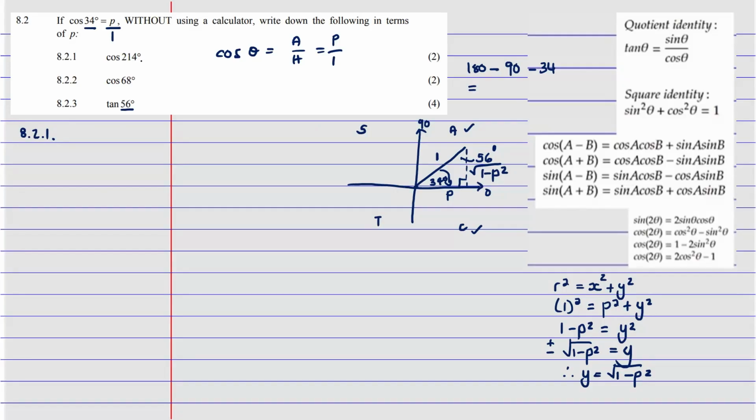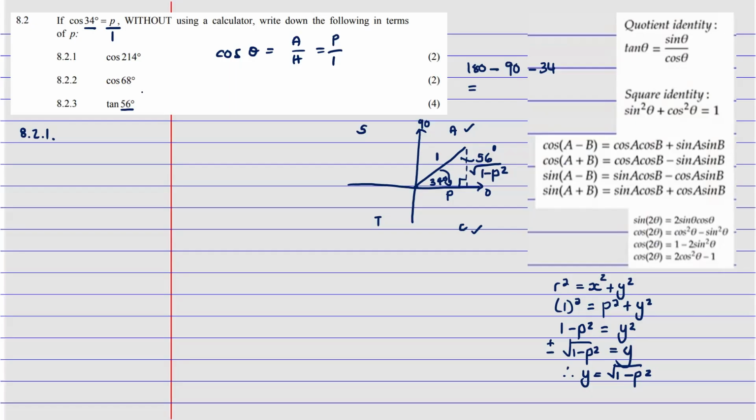To check this, we ask: can we use reduction? If we can't use reduction, we ask our second question: can we use our identity, meaning summing two angles that maybe sum up to 34? If we can't use that, we can also try the double angle. Does it make sense?